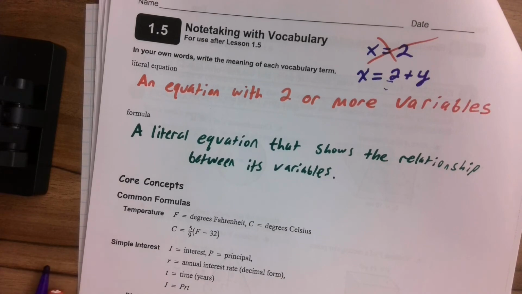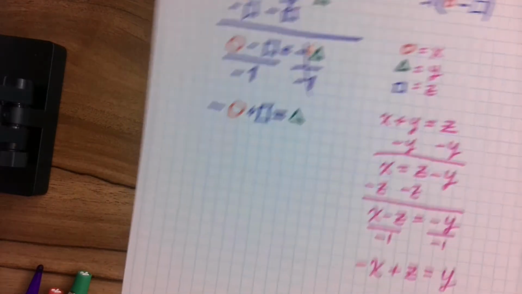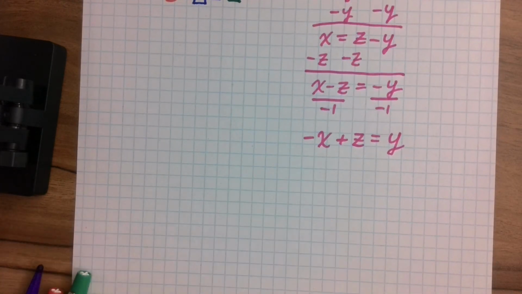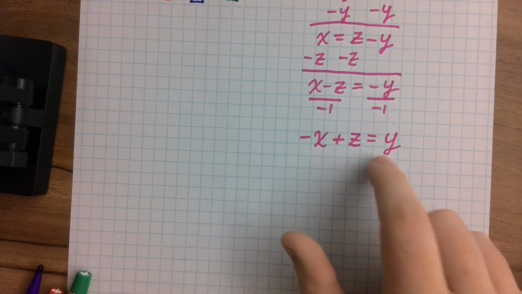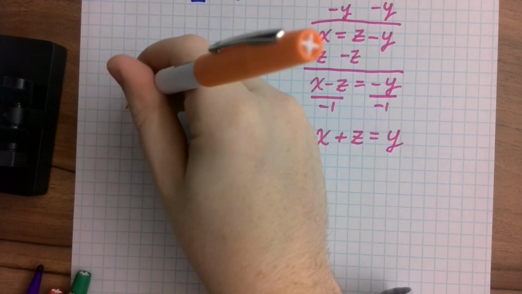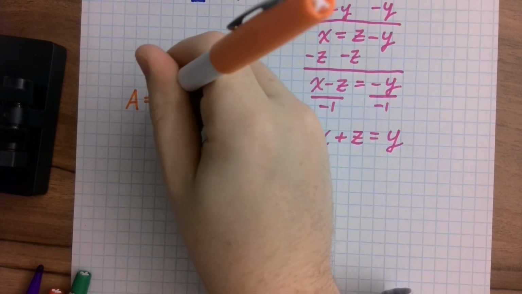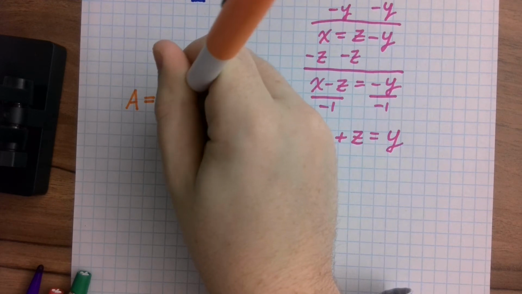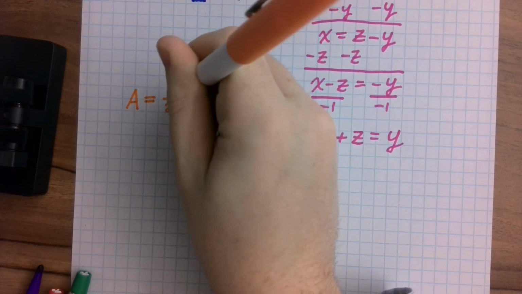What I mean by this is, if we look back at the equations we wrote down, this is nonsense. This means nothing to us. We understand that there's an x, a z, and a y, but we don't know what any of these variables mean. They're just letters on a page. If I gave you something a little bit different, let's say I gave you this, A equals 1/2 bh.